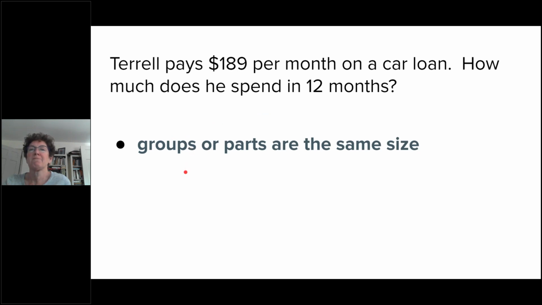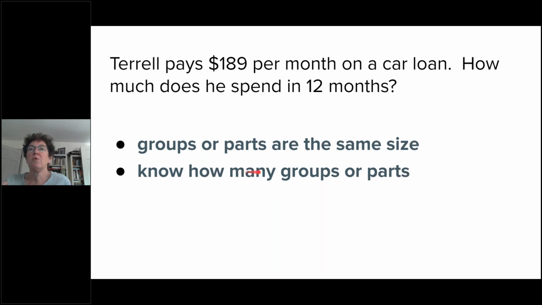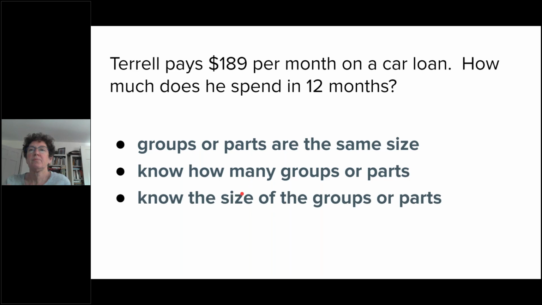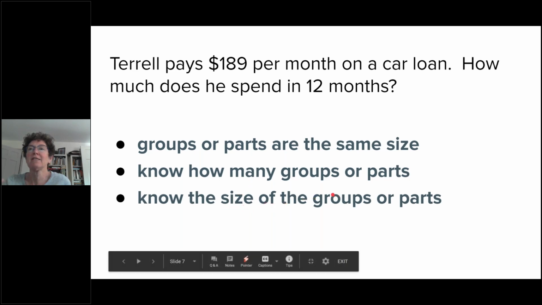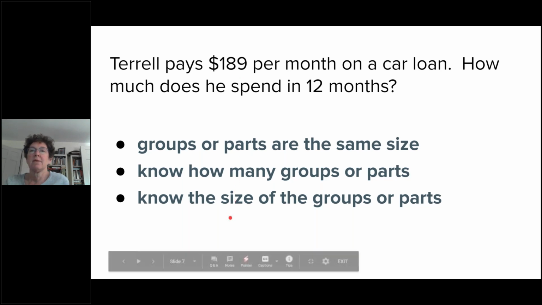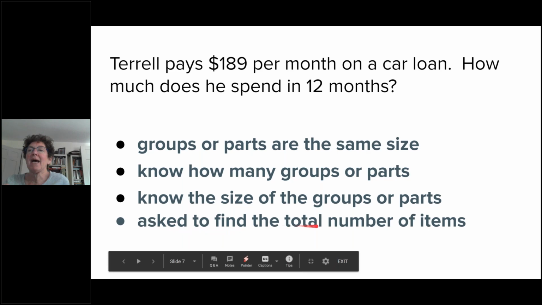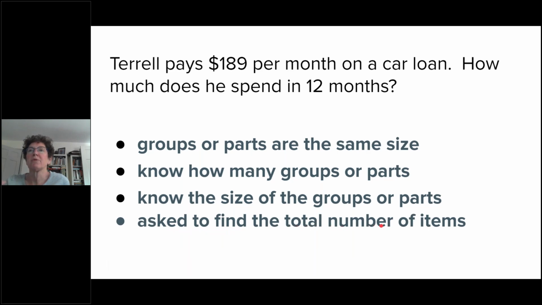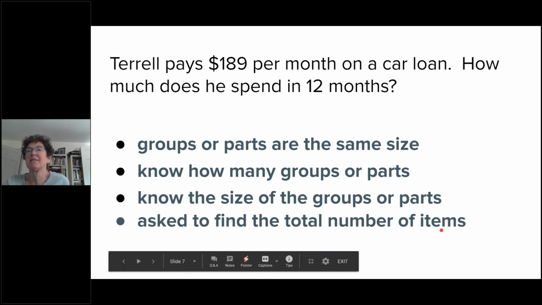We checked that. We know how many groups, 12 months. We know the size of the groups, $189 in each one of our groups or months. And we're being asked to find the total number of items, in this case, the total number of dollars.